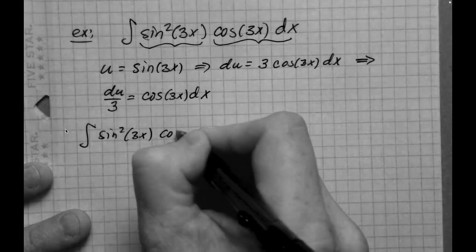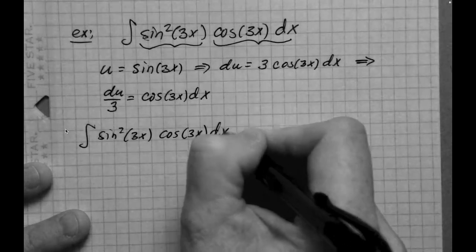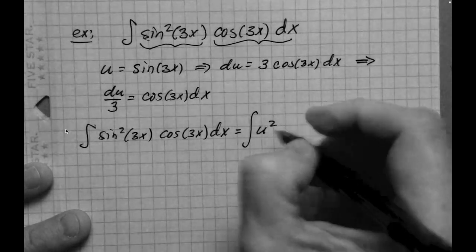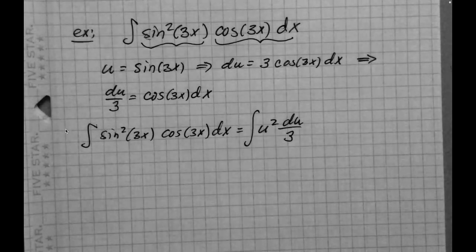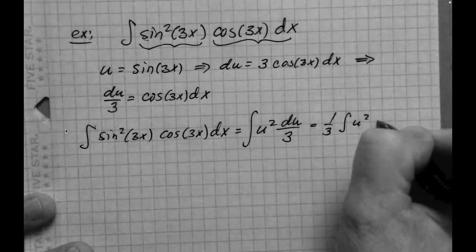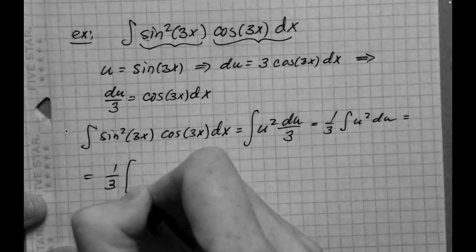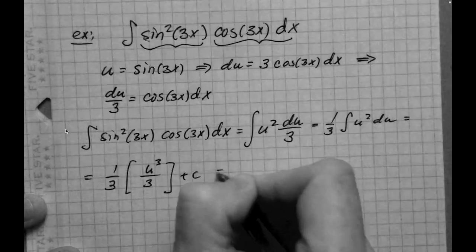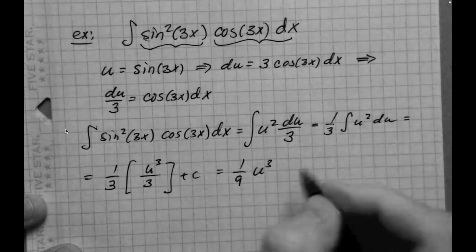So I can substitute something in for the entire integral, and what I get is u squared times du over 3, which is obviously very easy to integrate. 1/3 times the integral of u squared du. So that's 1/3 times u cubed over 3, so I get 1/9 u cubed.